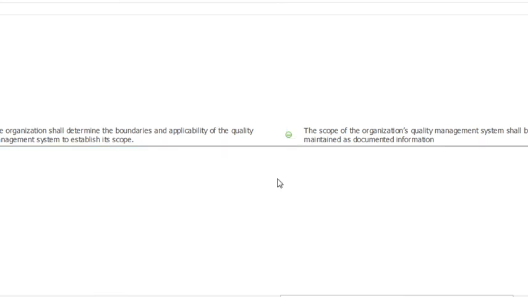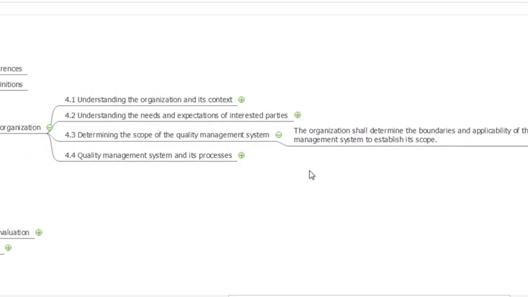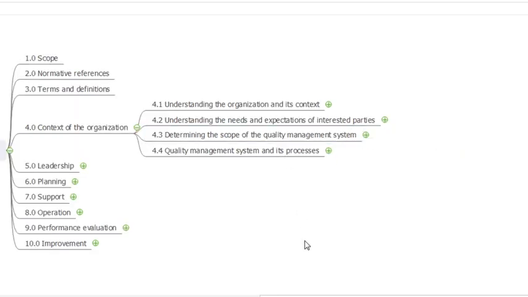Documented information means the scope which we define; we have to maintain it as documented information in the quality manual and show the evidence. Just with one or two examples, we know what "shall" is and what documented information is. By this we can understand these are the requirements.